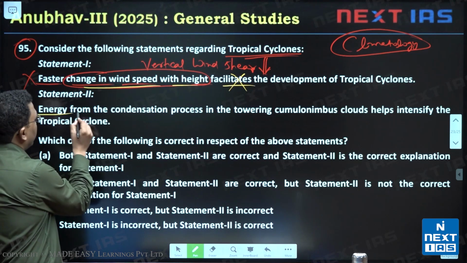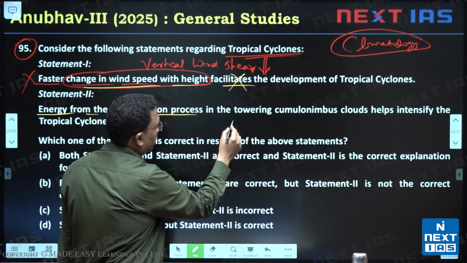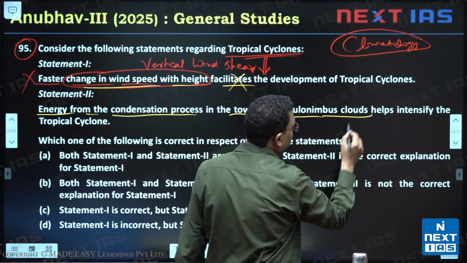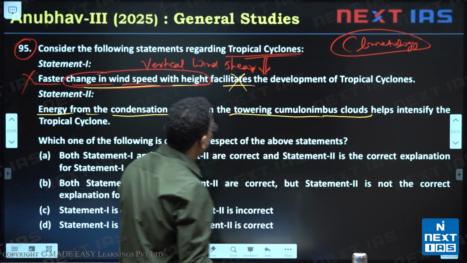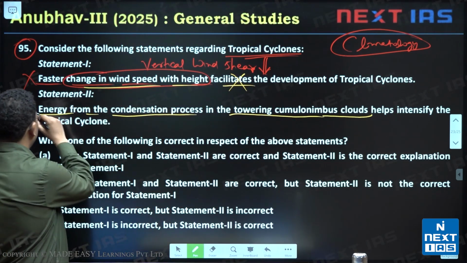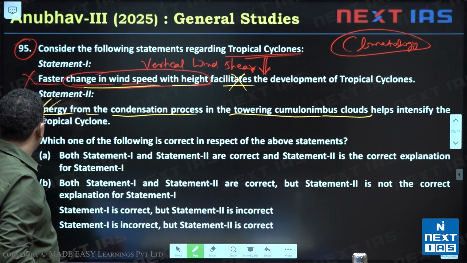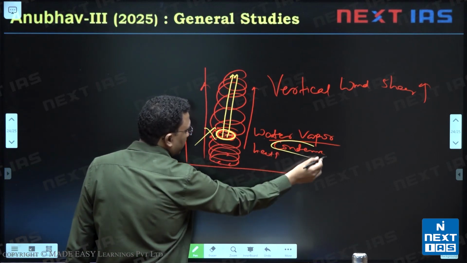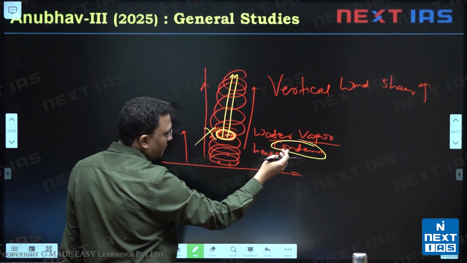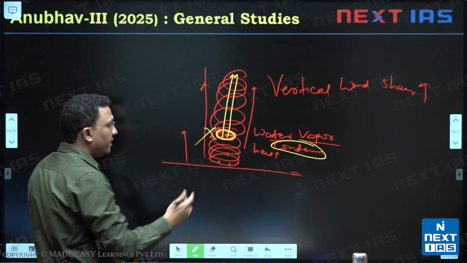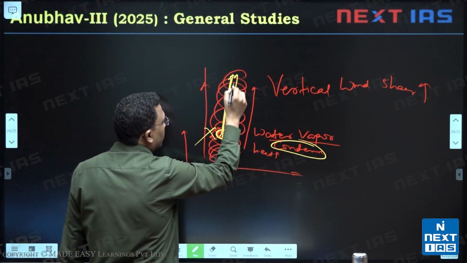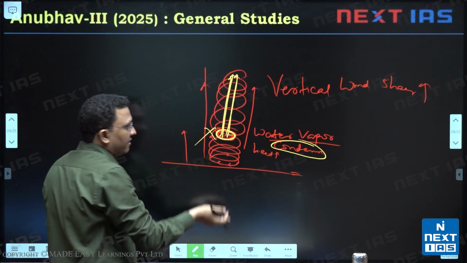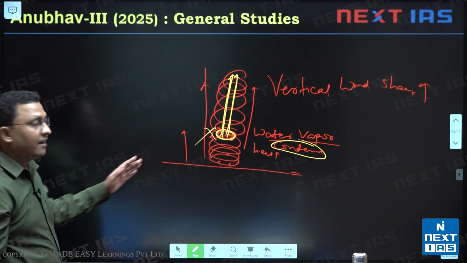Second statement, energy from the condensation process in the towering cumulonimbus clouds helps intensify the tropical cyclone. This is correct. We have seen just now that energy that is coming from condensation process, that means the energy that is coming from the formation of cloud, is basically what is providing energy for the process of development of cyclone, right?